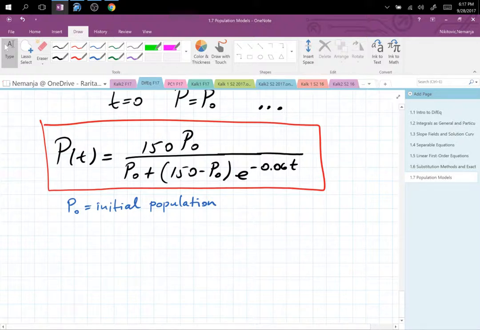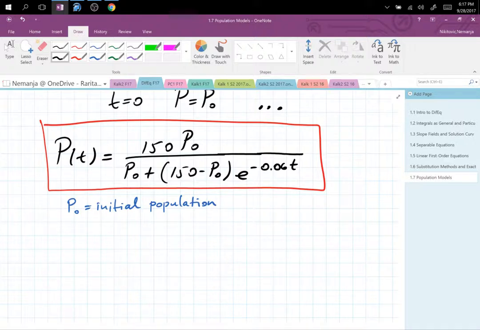Now, we would like to consider what this entails here, right? How do you find carrying capacity? That is the key question for a problem like this. You send this limit to infinity and see what pops up.